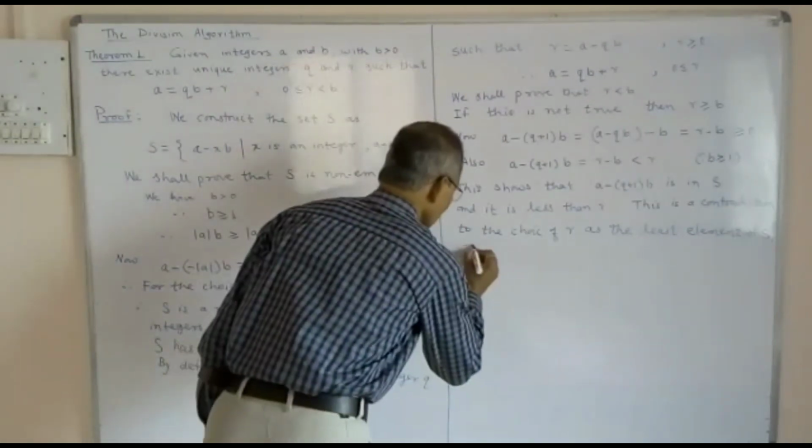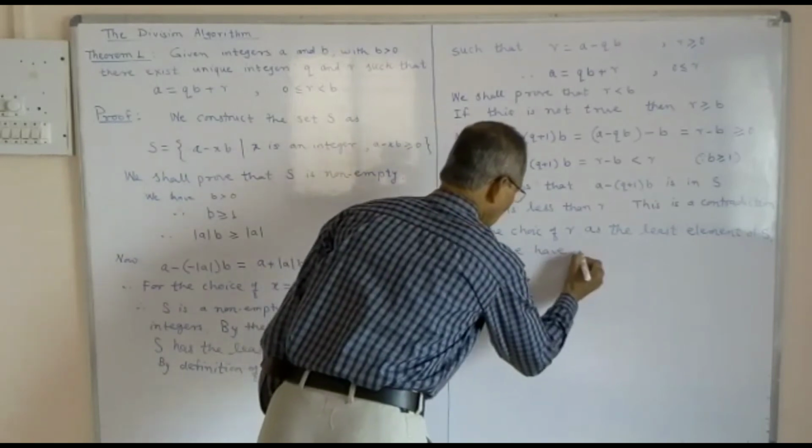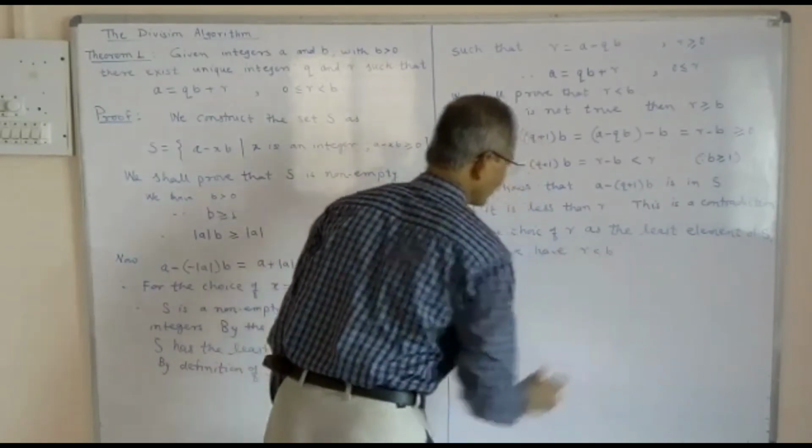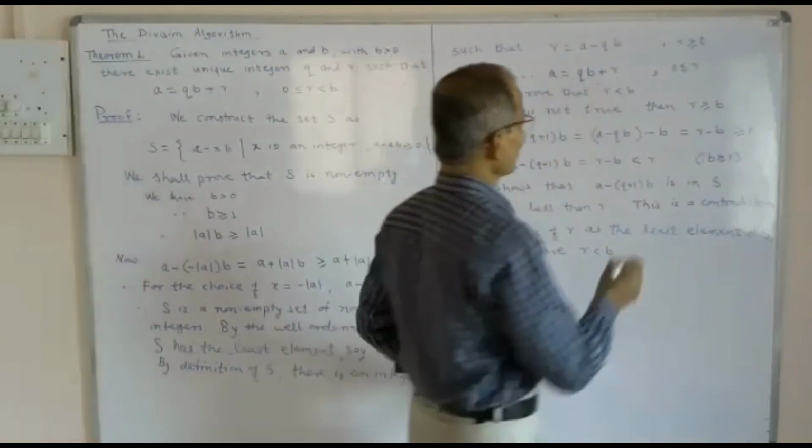Thus we have R less than B. Now we combine this condition with this statement. We suppose this as 1.